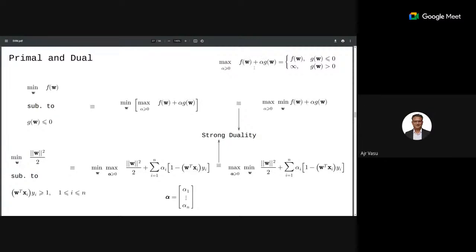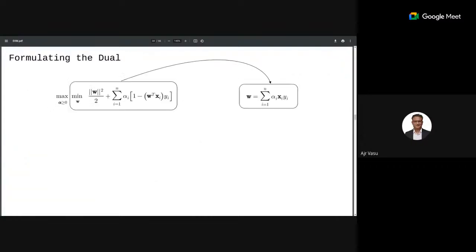If this is negative, minimizing f(w) in this Lagrangian is the same as maximizing alpha into g(w). Okay, got it now. I got it. Thank you.